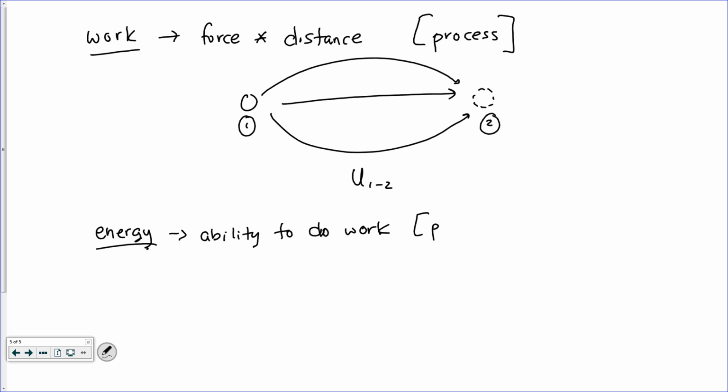It is actually a property of the object or the system that you're studying. You know how you say that temperature is a property? It's 20 degrees out or something like that. Pressure is a property. Mass is a property. Velocity is a property, and so forth. Energy is a property. There's a certain amount of energy that the ball has at state 1, and there's a certain amount of energy that the ball has at state 2. And it's completely independent of the process that it takes to get from 1 to 2.